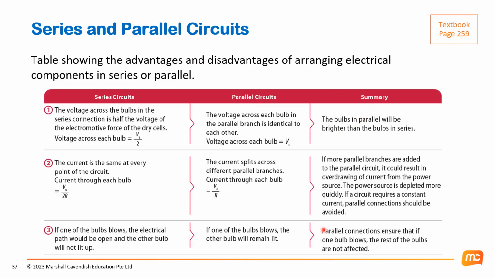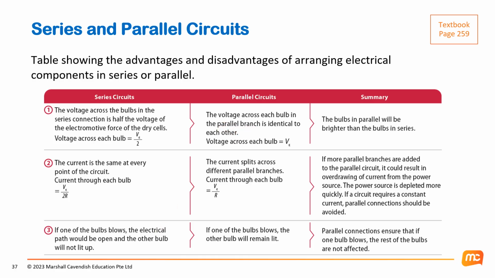This set of slides will show the summary between parallel and series circuits. Now, in terms of what you need to copy down, these are the things that you need to write in the table. So for the first one, in terms of brightness of the bulb, parallel will be brighter than the ones in series, because the voltage is identical to one another in the parallel branches.